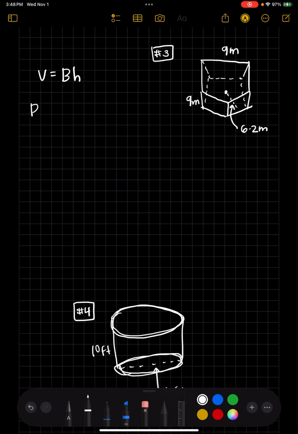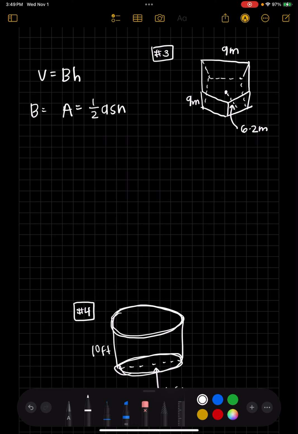So the area of this base for a polygon is the area is equal to 1/2 ASN, where A stands for the apothem, and the apothem is from the side to the center. It's kind of like a radius, but not a radius because it's not a circle, times S, which is the side length, times N, which is the number of sides.